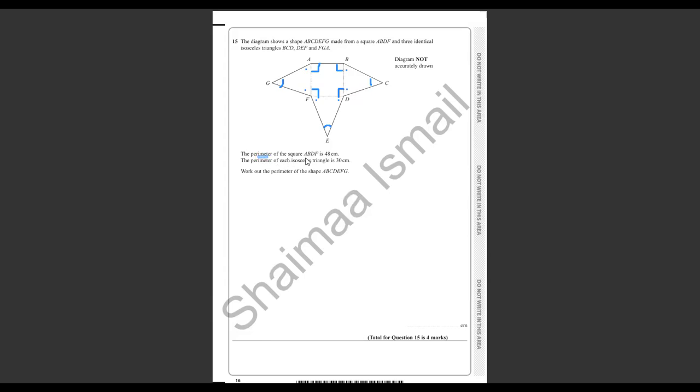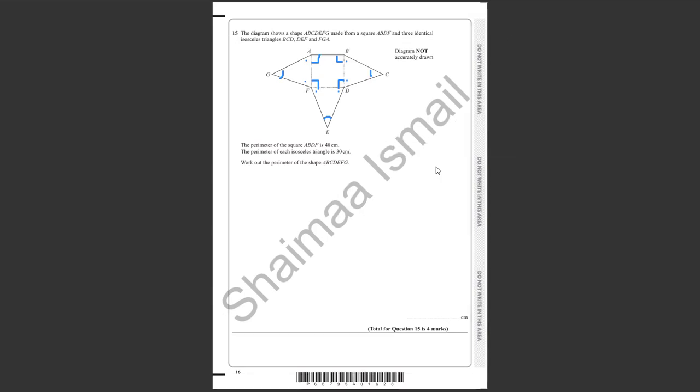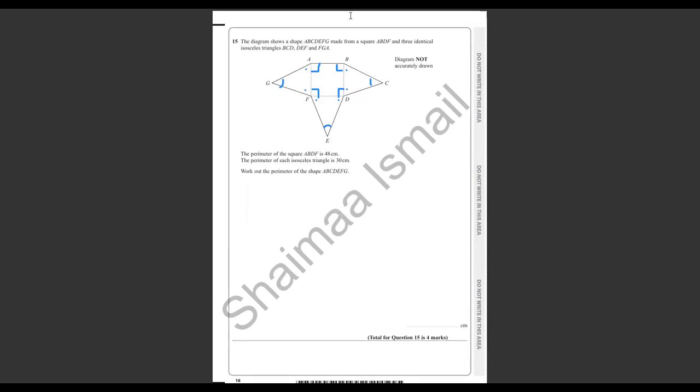Okay, the perimeter here of the square is 48, which means the side length here would be 48 dividing by the four sides, which is equal to 12. So each side here is equal to 12. Here we have it, it's equal to 12. And this is 12, 12, and 12.